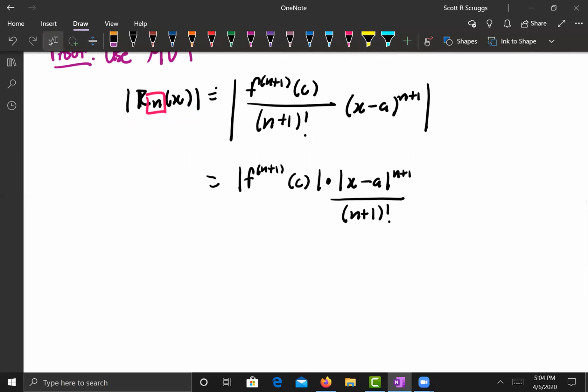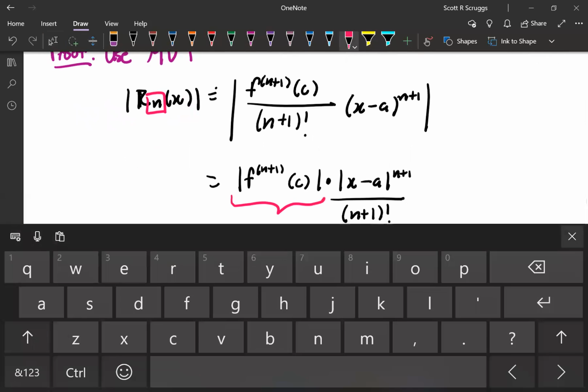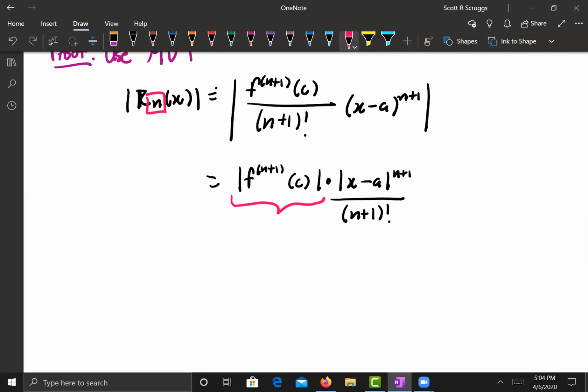And so the way that we're estimating the remainder is, I do need this particular fact: that the quantity, the (n+1)th derivative of f evaluated at c, is less than or equal to M, which is some positive number.